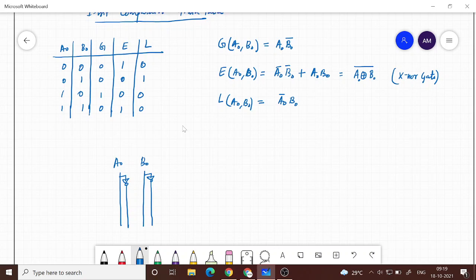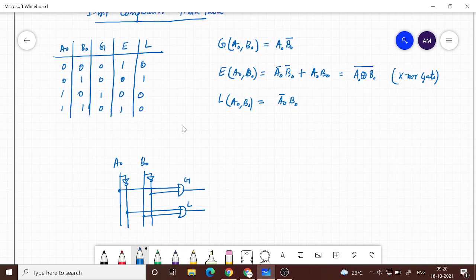So for G, we take A0 and B0 bar, and that is your G. Similarly, I can take L also. Only thing is I have to take A0 bar and B0, and that is L.